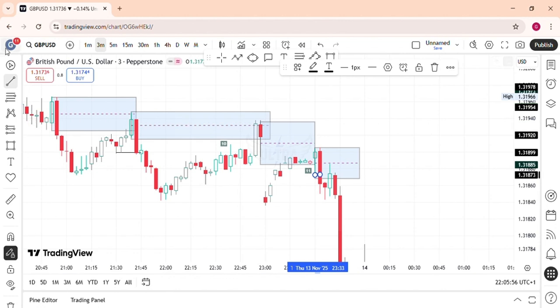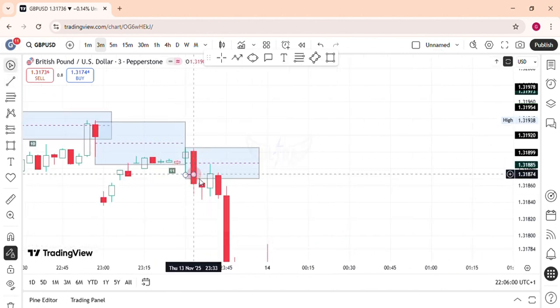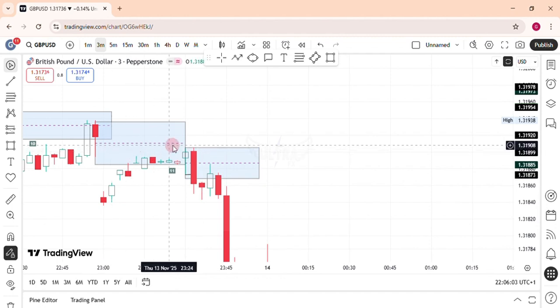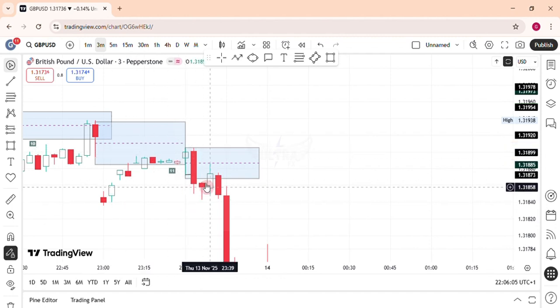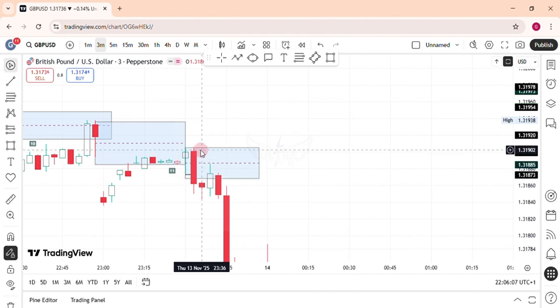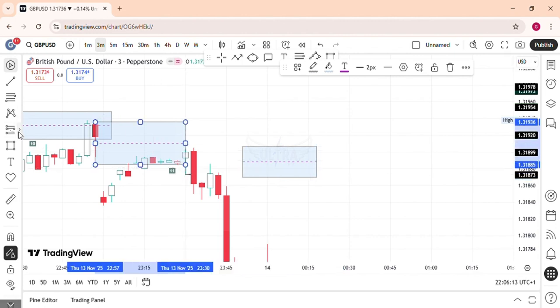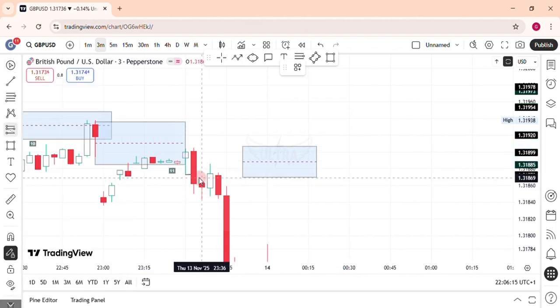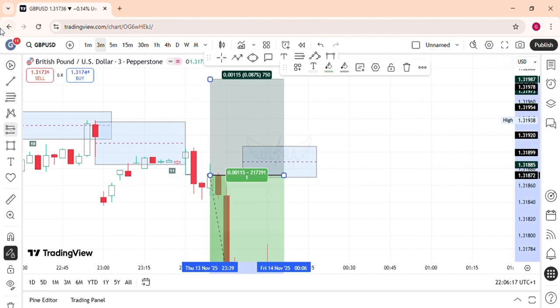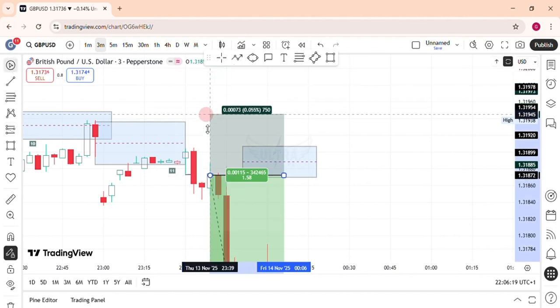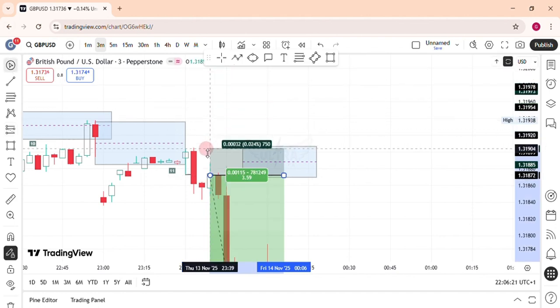So as market bounces off from this void, breaks below and gives us a fair value gap, this is a reason for you to enter this trade. So we enter this trade at this fair value gap for this order block here. So let me show you guys short position here at this point to enter this trade. At the top of this previous high is where we'll put our stop loss.